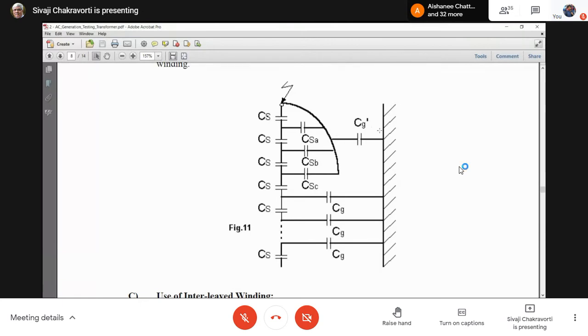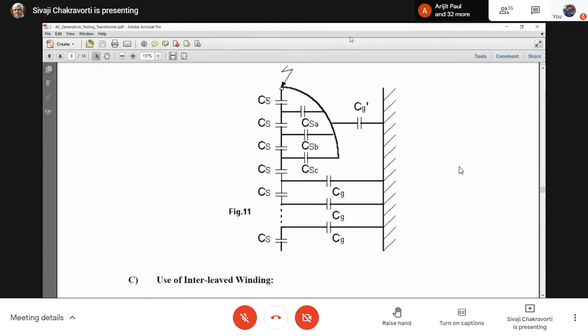That means it covers the initial part like a canopy. It doesn't touch it, it is a sort of canopy. So in this case, the ground capacitances are all formed with respect to this canopy. This is the shield.